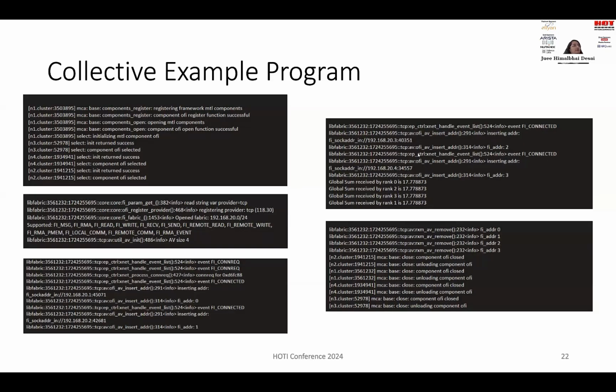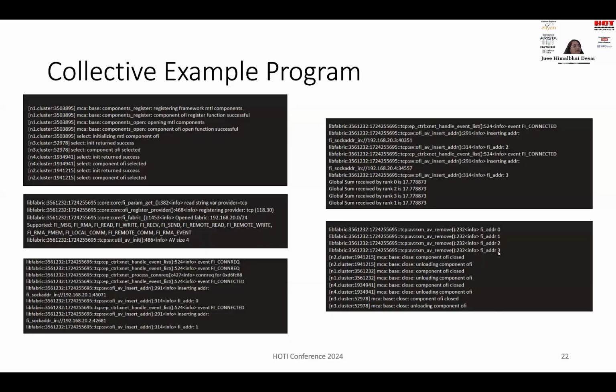So all of the 4 nodes were registered and connected. And then we see that our global sum is received by all of them. So this is the basic implementation of a collective using Libfabric.